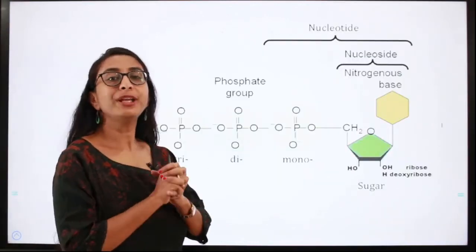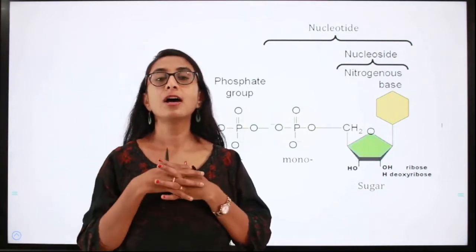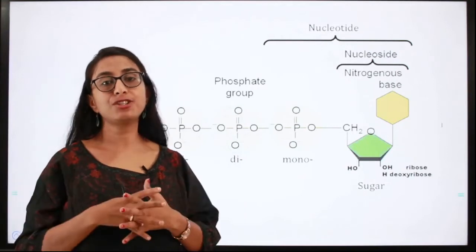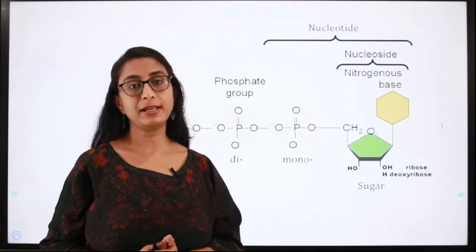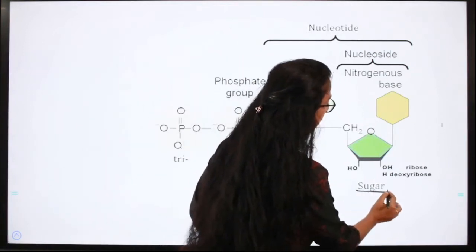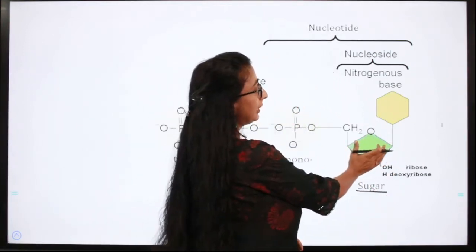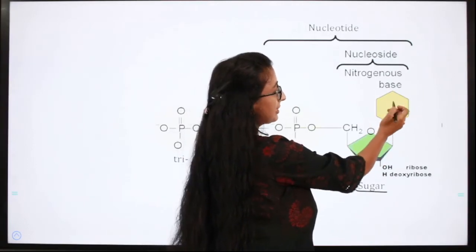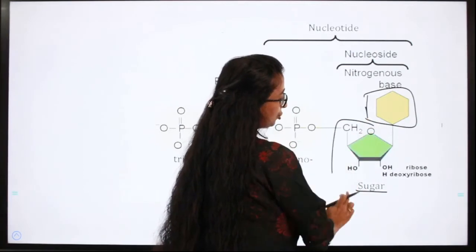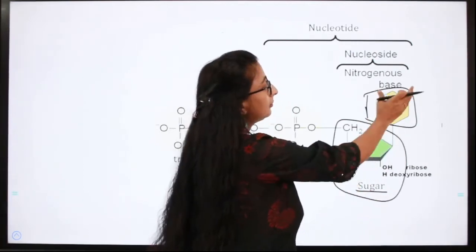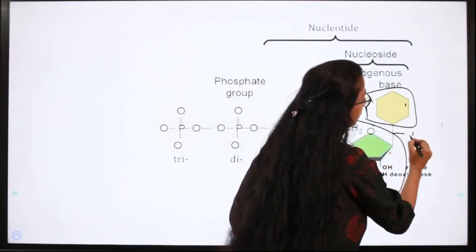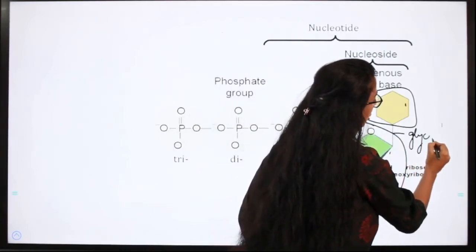So how are these three components of DNA, that is phosphate group, ribose sugar and nitrogenous base, linked with each other and arranged in the DNA? First, this is the deoxyribose sugar. The deoxyribose sugar is attached to the nitrogen base. This is the nitrogen base and this is the pentose sugar. Okay. The nitrogenous base and the pentose sugar are attached together by a glycosidic linkage.